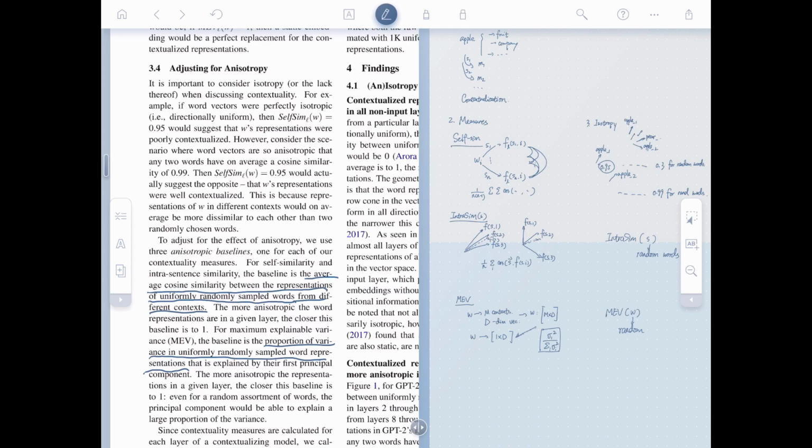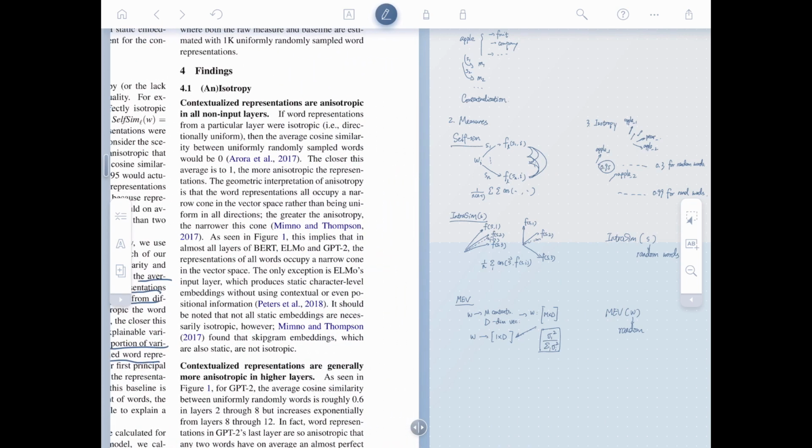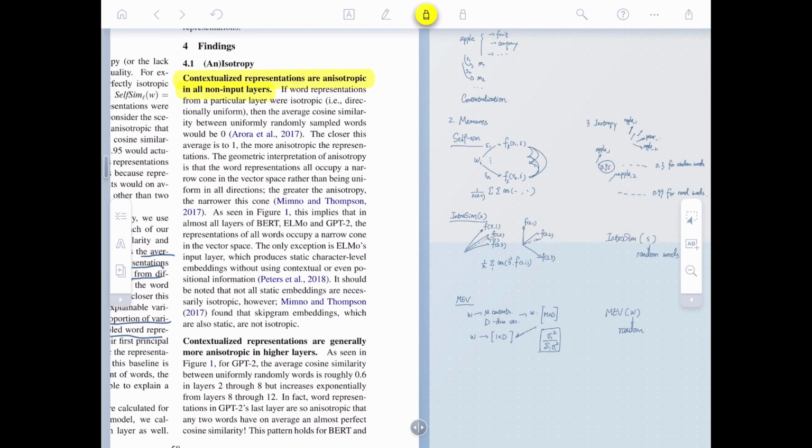Let's see what the authors found. For anisotropy, they found that contextualized representations are anisotropic in all non-input layers. There's a geometric interpretation of anisotropy. The word representations occupy a narrow cone in the vector space rather than being uniform in all directions.